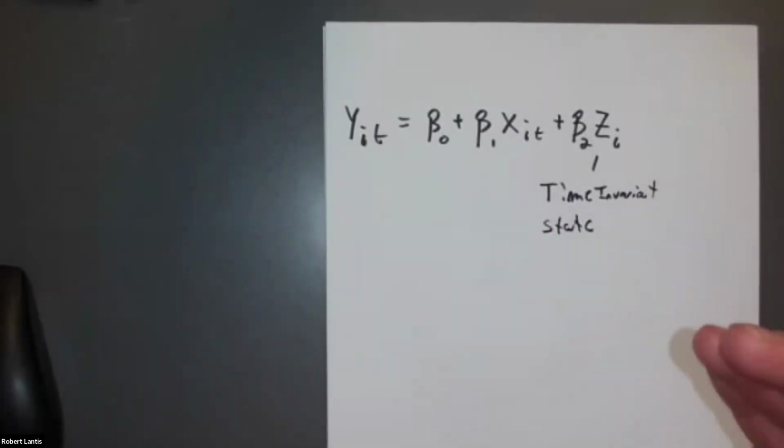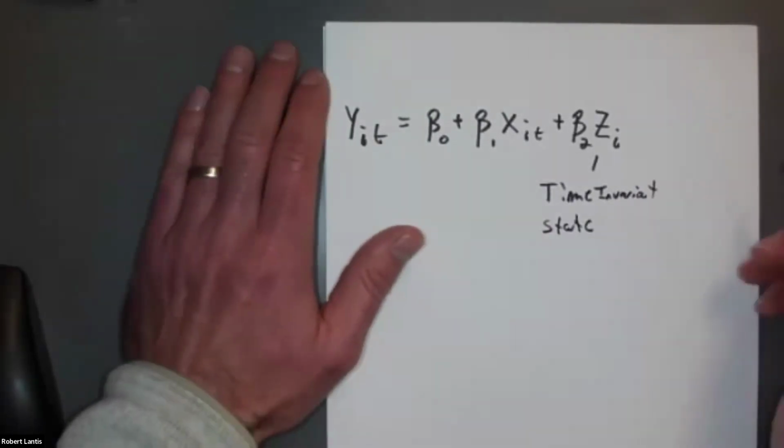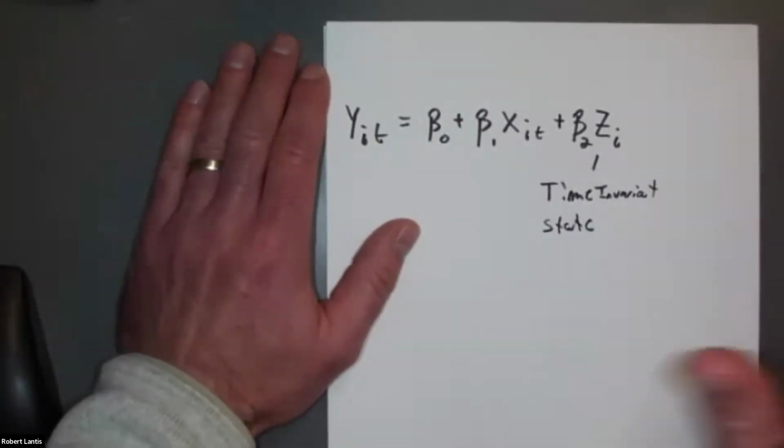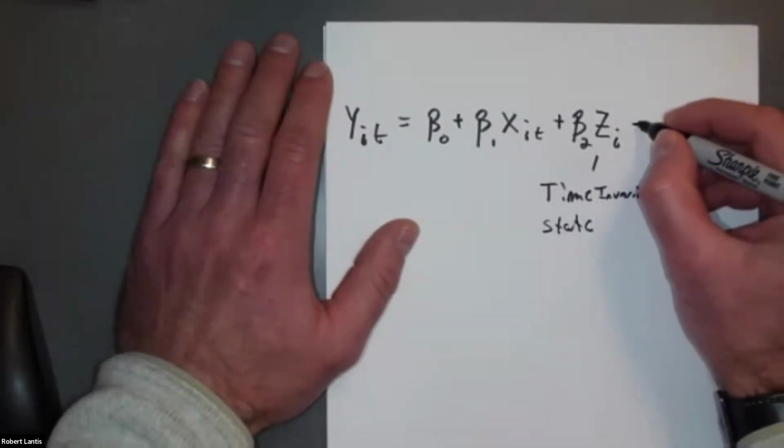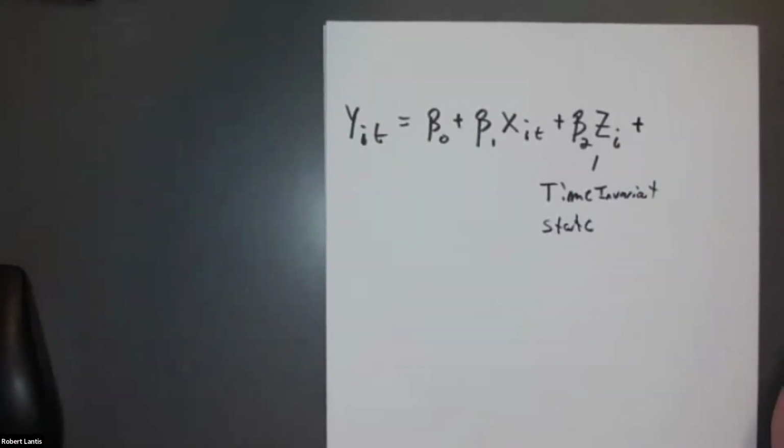So things that do not vary within a state across time. They're the same in that state across all points in time. There might also be things like, oh, I don't know, in 2009, there was a recession. Well, that impacted every single state. Or maybe there was a national law passed that impacted every single state.